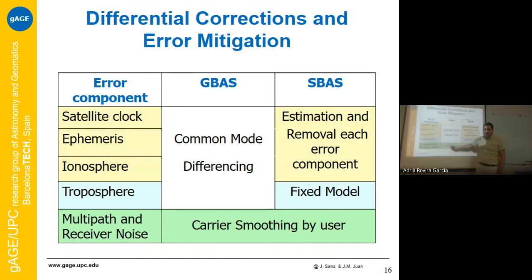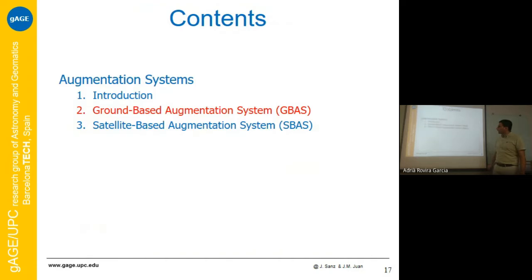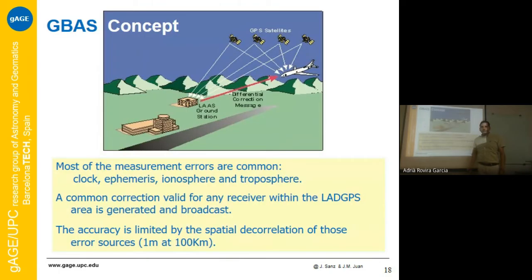And in both cases, and then I'm done with this slide, the multipath and receiver noise that Professor Jama was explaining earlier this morning are both mitigated with carrier smoothing filters. Okay, so let's see the first augmentation system, the GBAS. We can see the main ideas here.